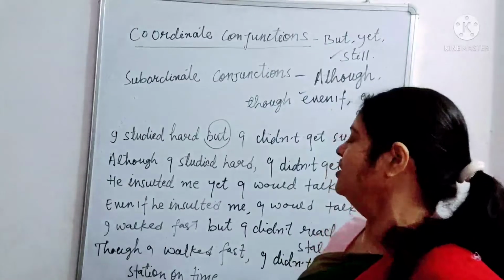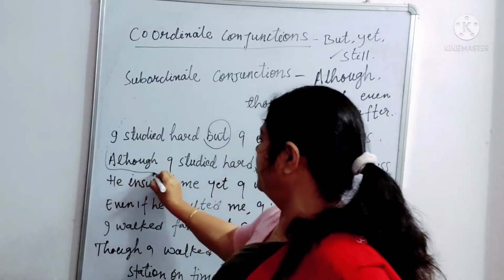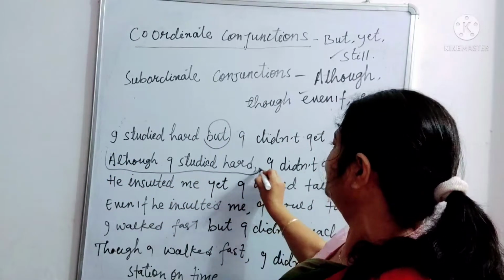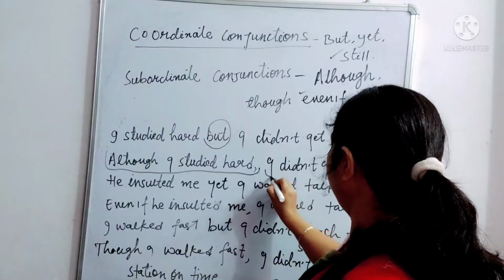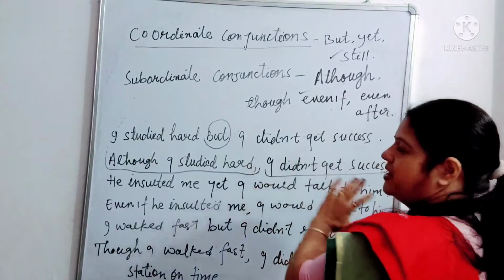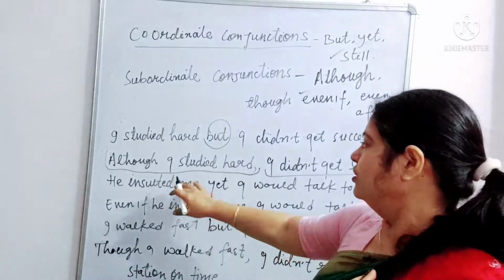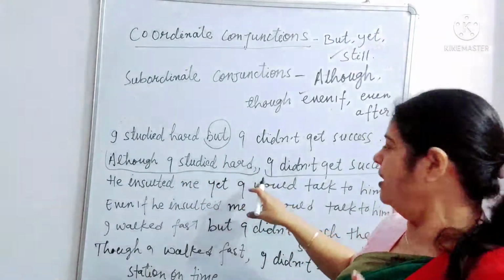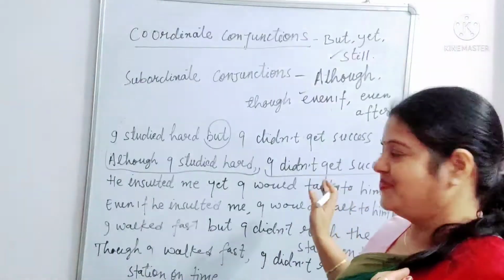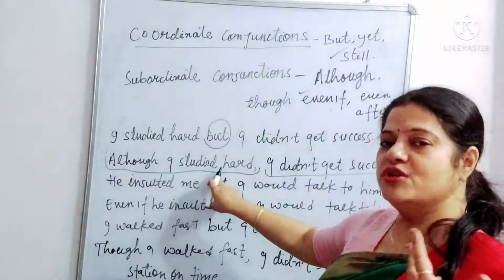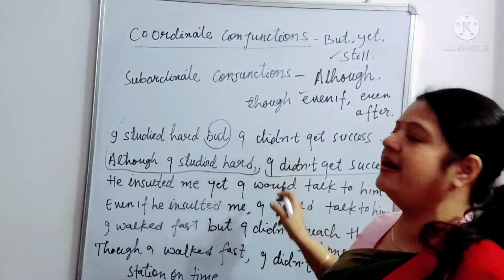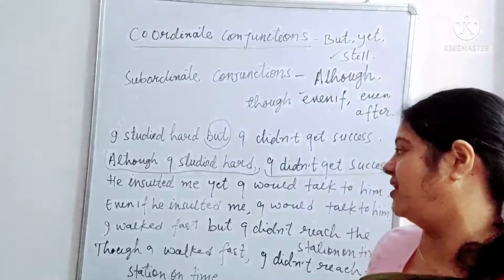So this has become a subordinating adverb clause of concession or contrast, and this is the principal clause. So this has become a complex sentence. Although I studied hard, comma, I didn't get success. Now this is the depending clause or subordinating clause, totally depending on the principal clause for its meaning.